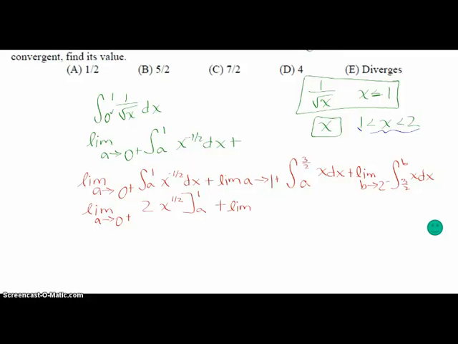Here, please don't drop your limit notation. The antiderivative is 1/2 x squared, and we're evaluating from a up to 3/2. And then I'll drop down here. The limit as b approaches 2 from the left, 1/2 x squared from 3/2 up to b.